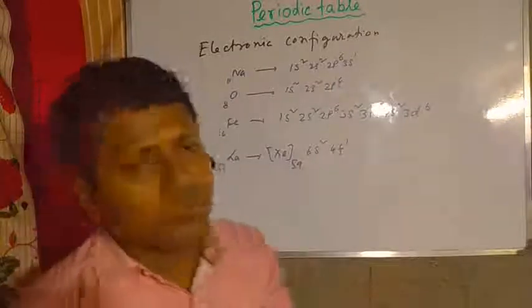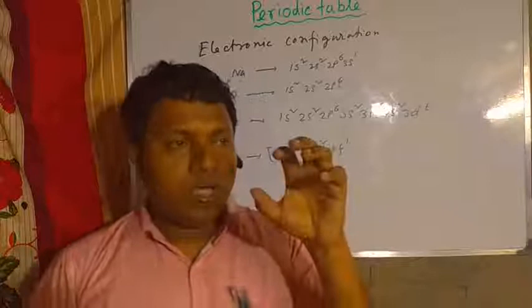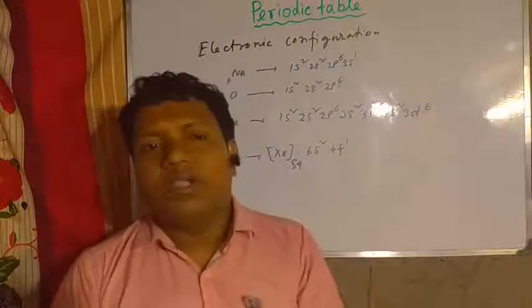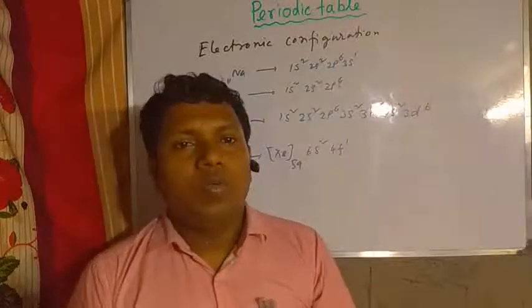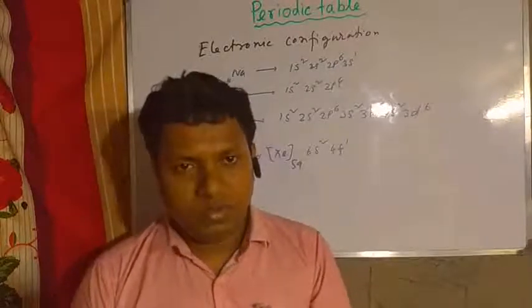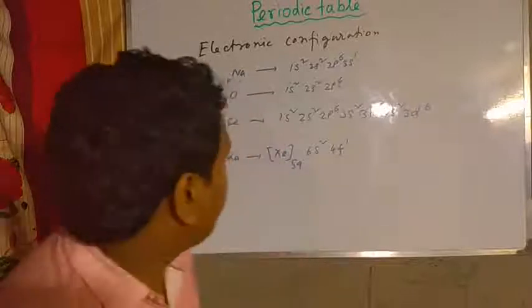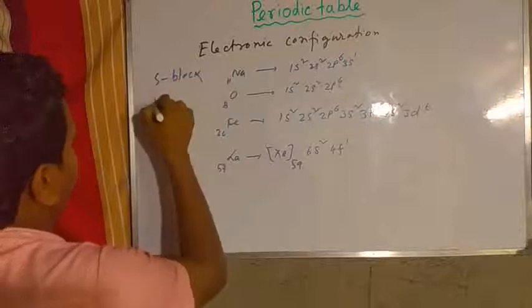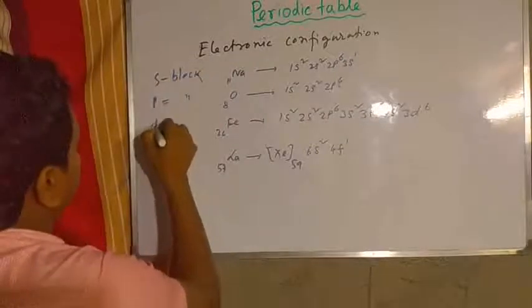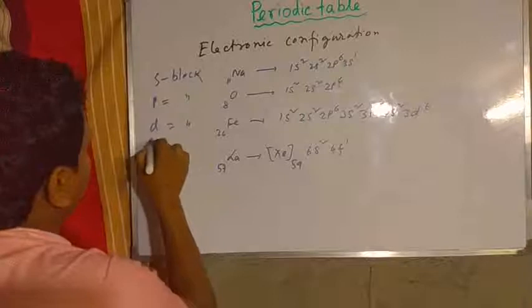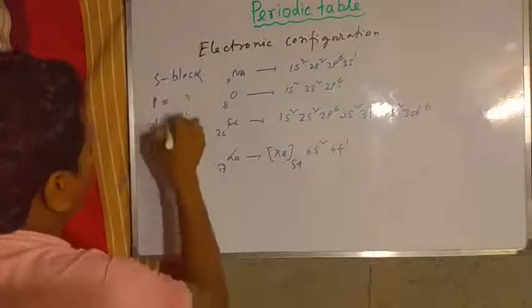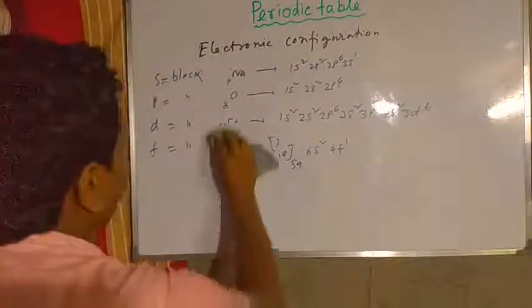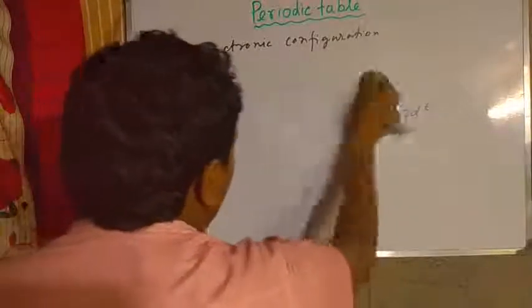So according to this, all elements in the periodic table are divided into four blocks: first S block, second P block, D block and F block.